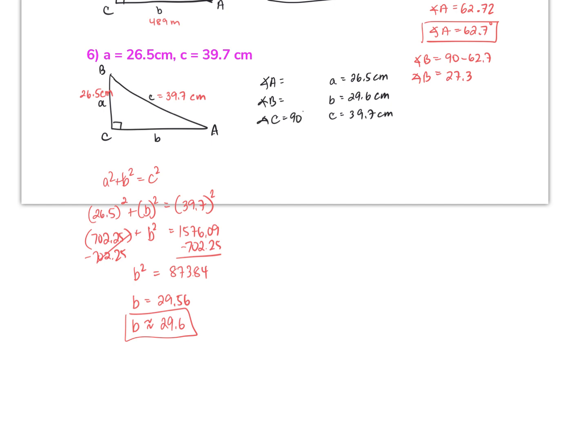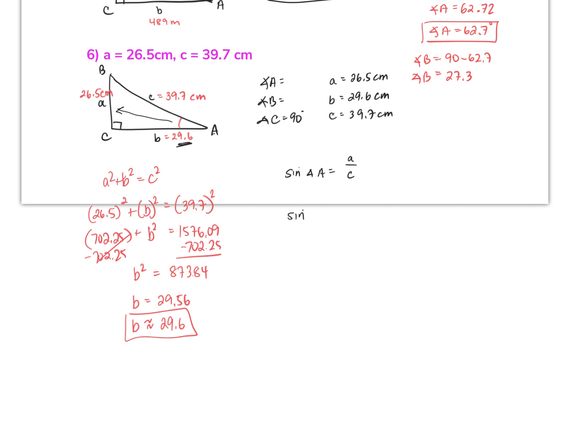We already know that angle C is 90 degrees, so we have to find angle A and angle B. Let's say I want angle A. I know that the sine of angle A is going to equal the opposite over the hypotenuse. I pick sine because side A, the opposite, was given to me. I don't want to use my calculation of B in case I made a mistake. I would prefer not to.